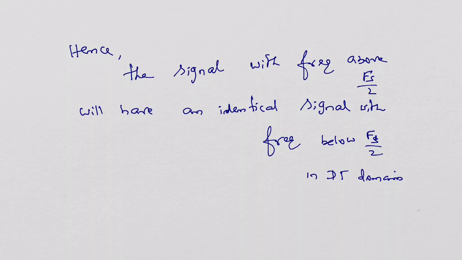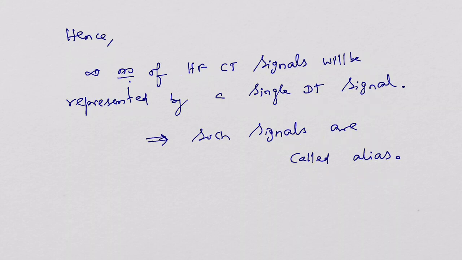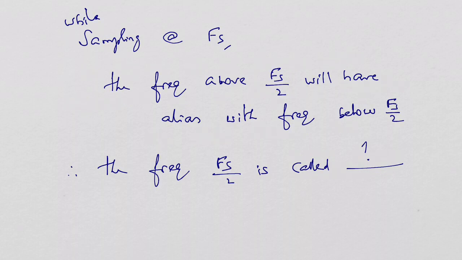So, an infinite number of high frequency continuous time signals will be represented as a single discrete time signal. Such signals are called aliases.